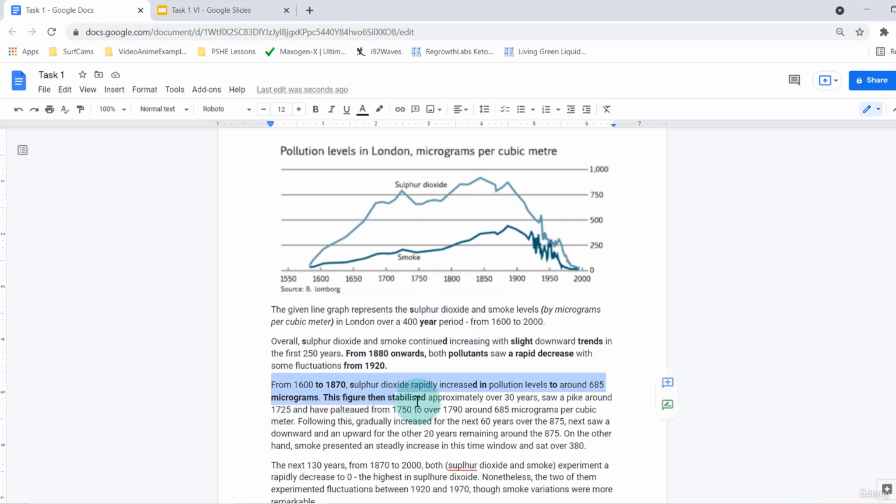I'm trying to work out where the student is, which kind of shows that the organisation's not quite right. From 1600 to 1870, sulfur dioxide rapidly increased to 685 to 1870. So I think he's talking around here, that part there. And then he sort of seems to flick back to this stabilise over 30 years.